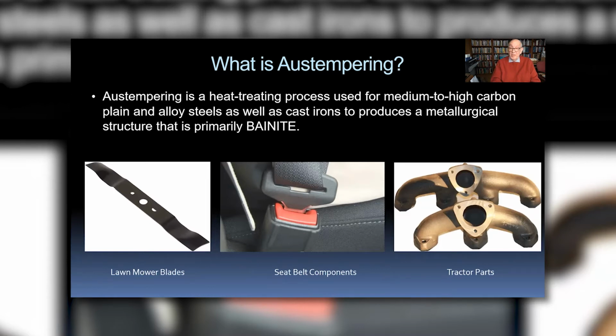We want something that's strong, that if we get into an accident, will not shatter and break. But at the same time, we want something that's tough and slightly ductile, so it will bend and not break. And austempering is a process that's used to produce all the seatbelt components that I'm aware of.